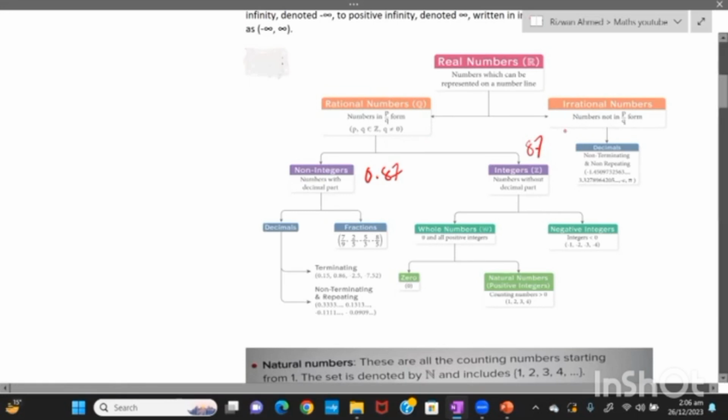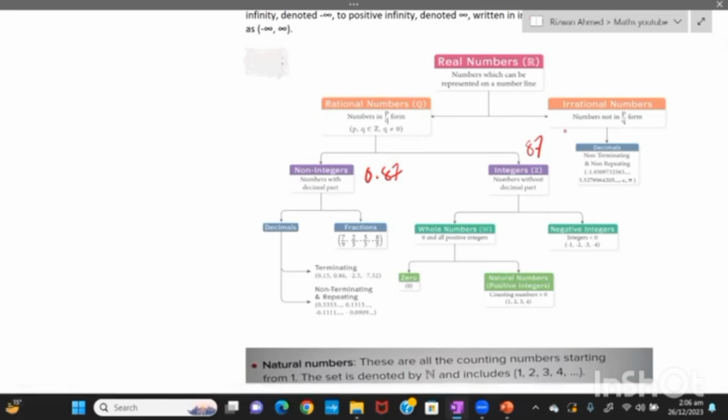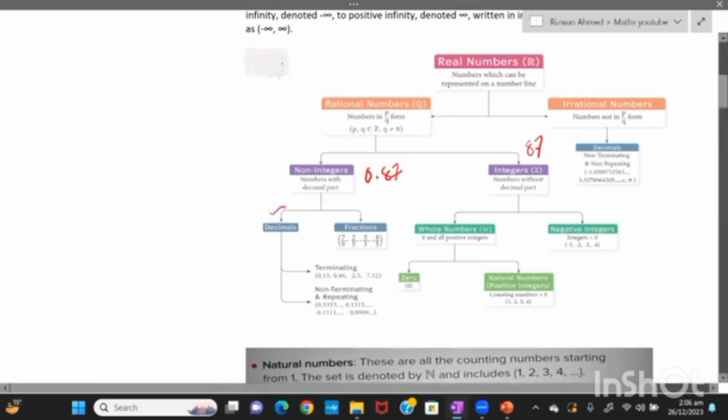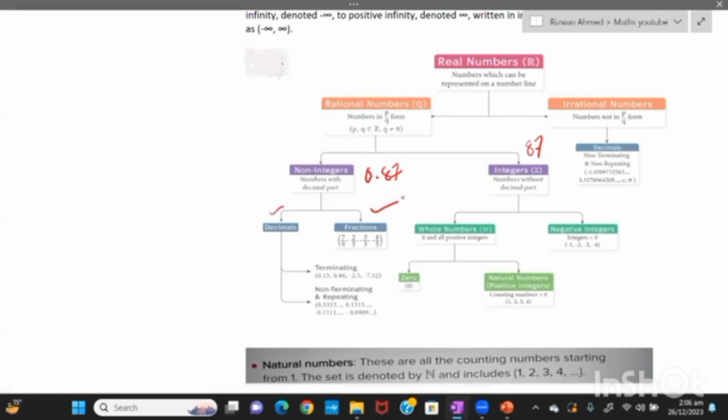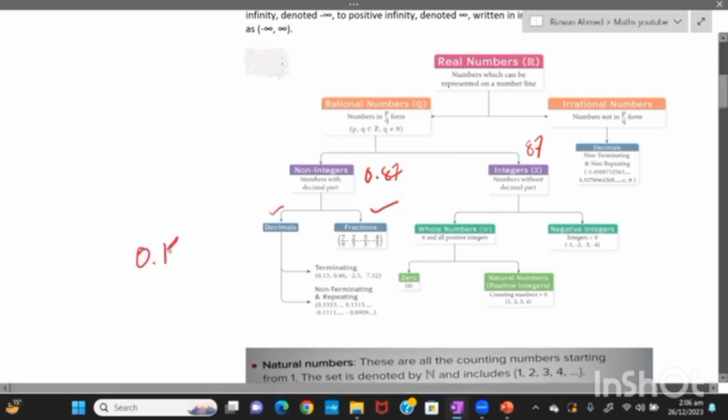Further, non-integers are of two types: the first one is decimal and the second one is fractions. How do we recognize whether it's a decimal or a fraction? Look at the chart. Decimals have a terminating end, for example 0.15. Further, we don't have any value, meaning it has a terminating end, that is 5.